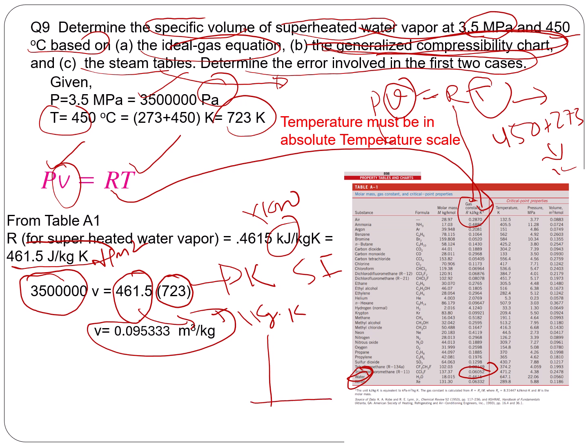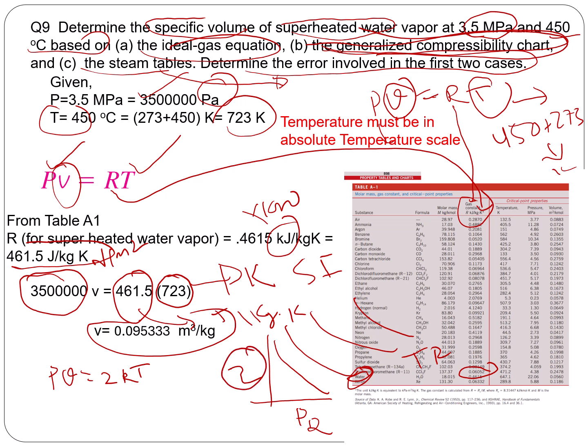Our process for finding the specific volume: if you think about chart A15, you have reduced pressure on the x-axis and the reduced temperature curves, and this is the value of Z. If the pressure and temperature are given, then again we make use of this equation. In this case, our goal is to find Z.